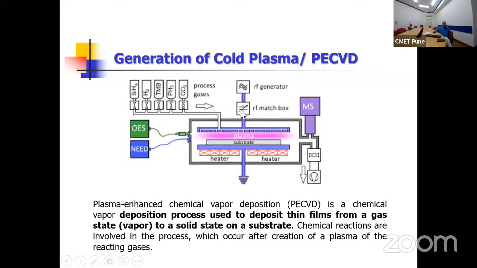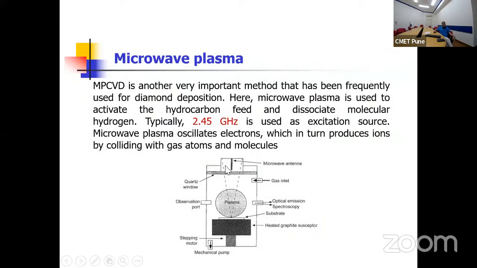If you put some other frequency, it can interact with our communication frequency. So the industrial frequency is 13.56 megahertz. With this, people are using plasma enhanced chemical vapor deposition for deposition, and in other slides I will show you applications. And then this is the microwave plasma.